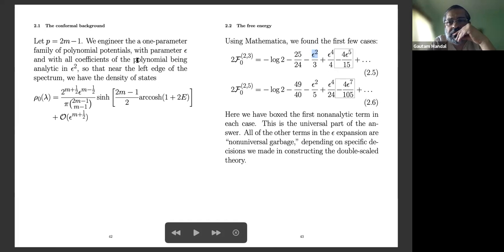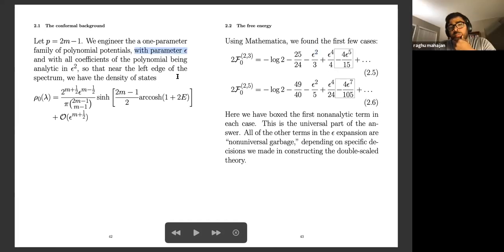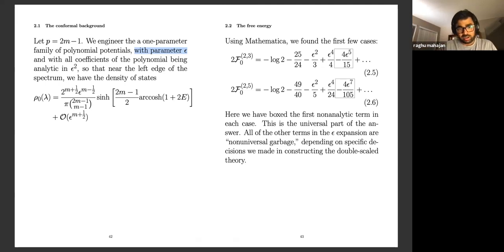What is this epsilon? For each p you have some matrix integral, but the potential is arbitrary. The potential is a polynomial, but the coefficients of the polynomial are arbitrary, so you have to make a one-parameter family of polynomials parameterized by this epsilon.